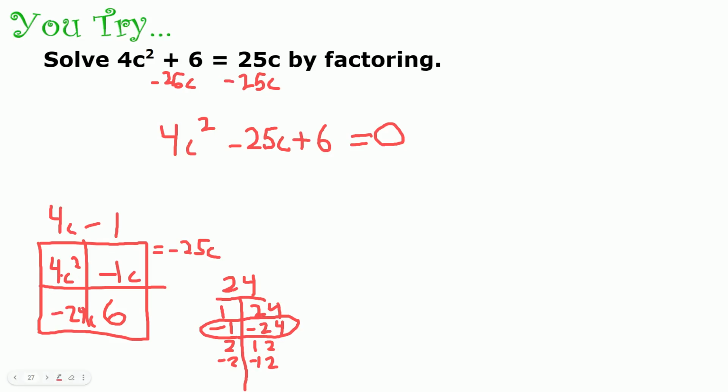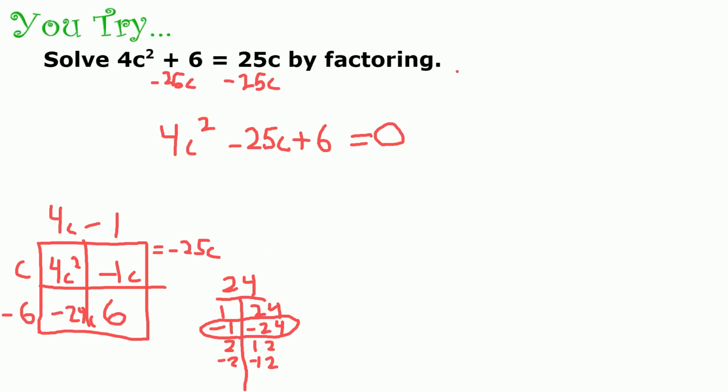The greatest common factor between 4c squared and negative 1c is 1c, or just c. And then the greatest common factor between negative 24c and 6 is 6, and because the closest box is positive 6, this is going to be negative 6.